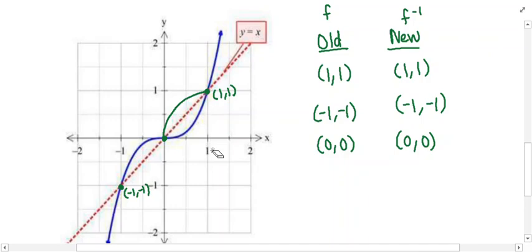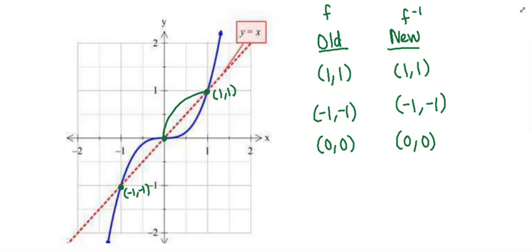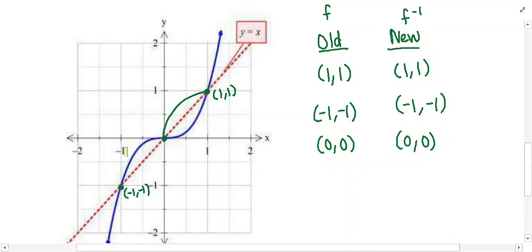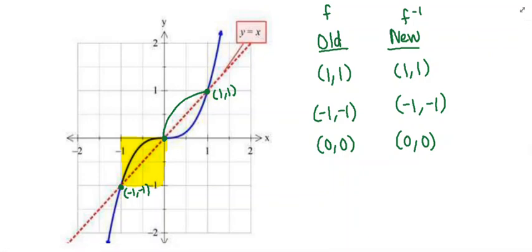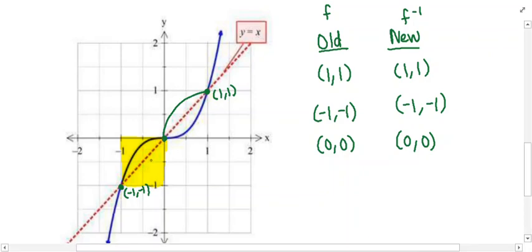So we're just going to break the curve up into segments and keep trying to do this. Now I'm going to move down here. Same kind of thing. I'm only focusing on this piece. We know the inverse needs to go through 0, 0. It needs to go through -1, -1. You need to imagine folding the sheet of paper along the red dotted line.